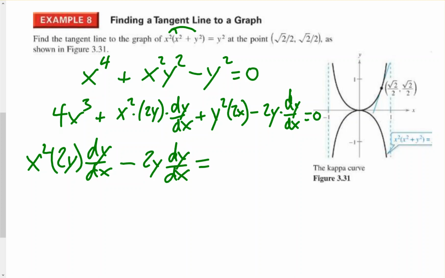So the 4x cubed we'll bring to the other side, making it a minus 4x cubed. And then here this will be a 2xy squared. Let's move that to the other side, so minus 2xy squared.